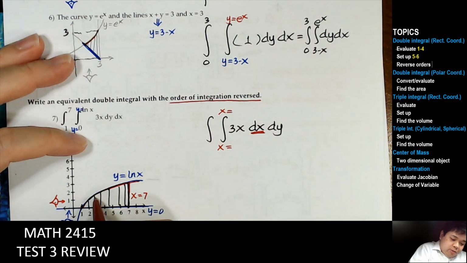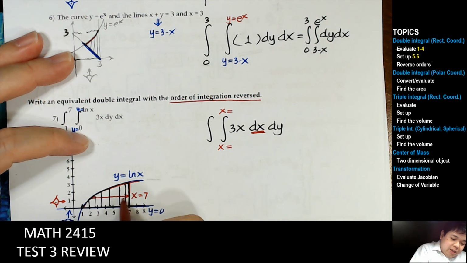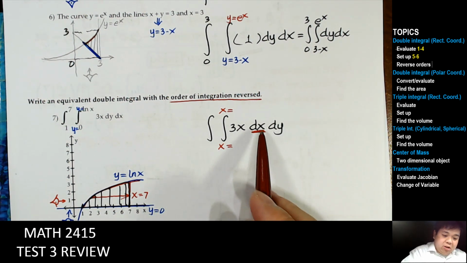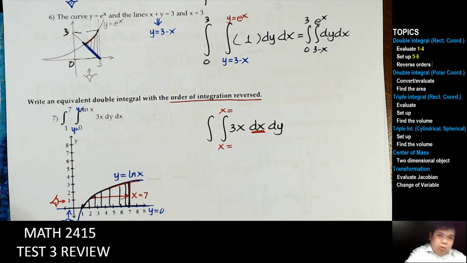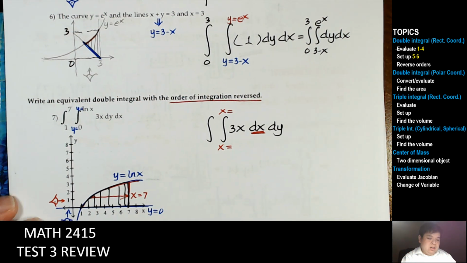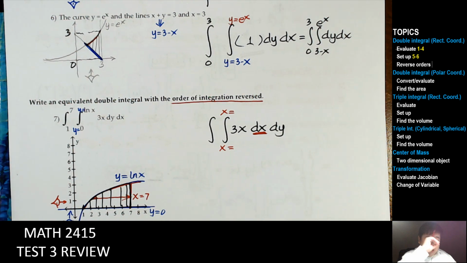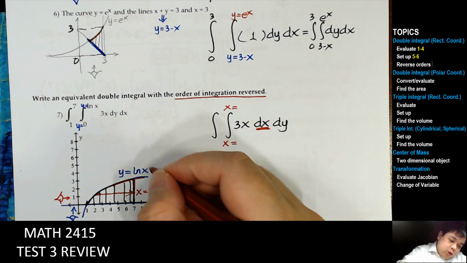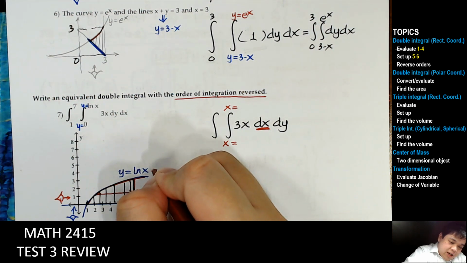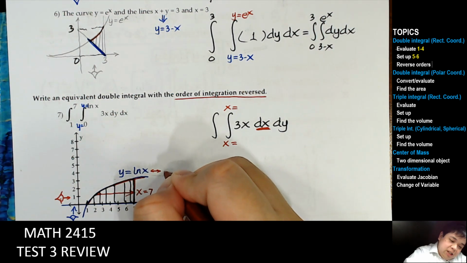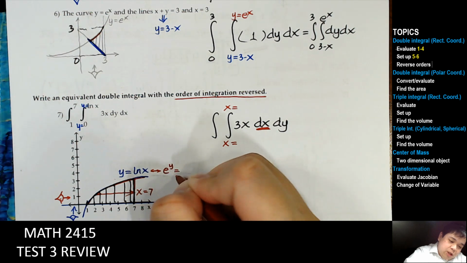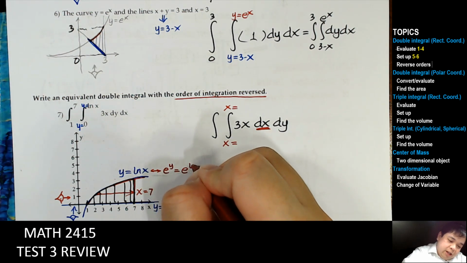So we go from here to here. If we look along the x-axis, because the x is inside, we go from inside and out along the x-axis, and then worry about the y later. Right. So y equal to ln of x. We raise both sides, e to the y is equal to e to ln of x.